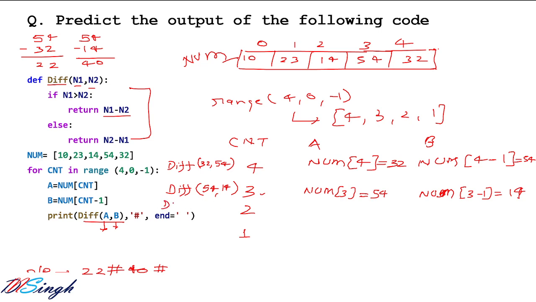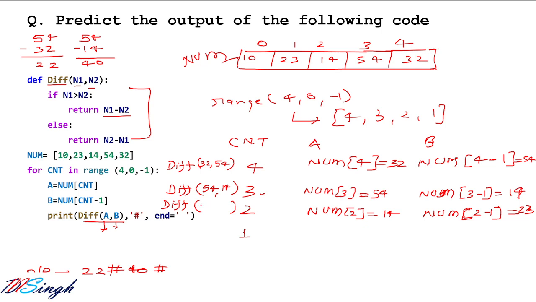So what is the next call? Diff, and here we will calculate num of 2. What is the value at index 2? That is 14, and then num of 2 minus 1. So the value at index 1 is what? That is 23.